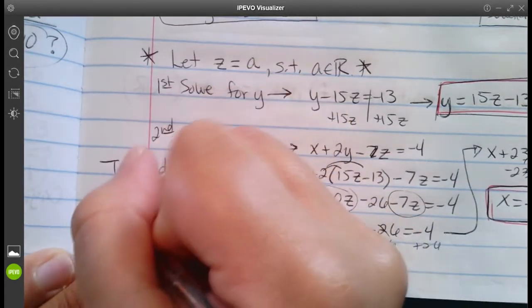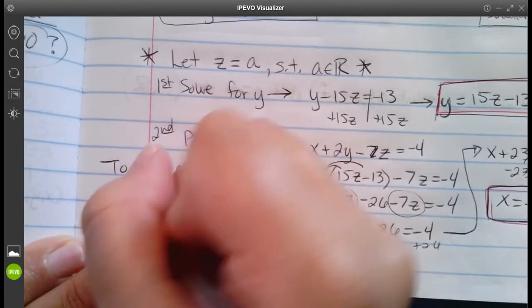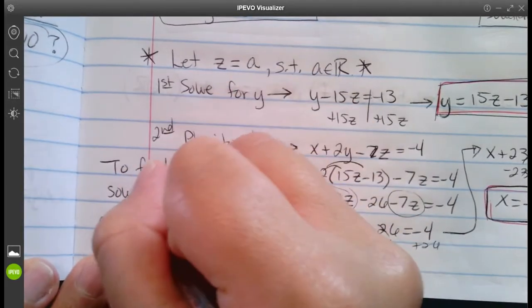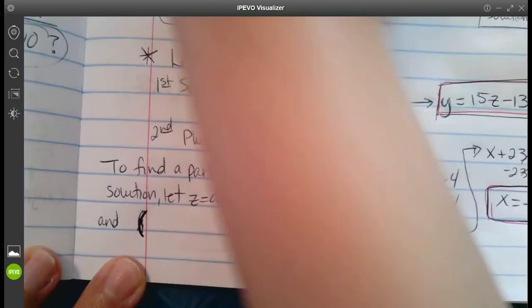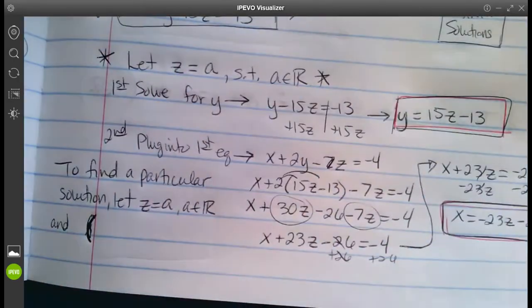and, let's see, how do I want to put this? We'll just put the solution. So for x, I'm sorry guys, I'm trying to get this all on the screen here. Let me zoom out a little bit.